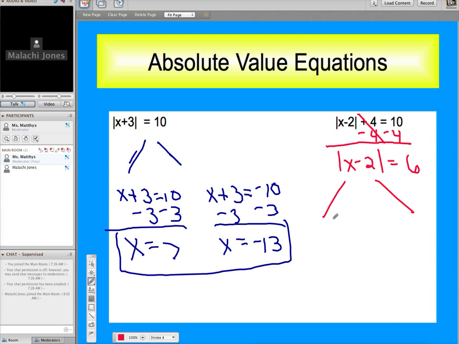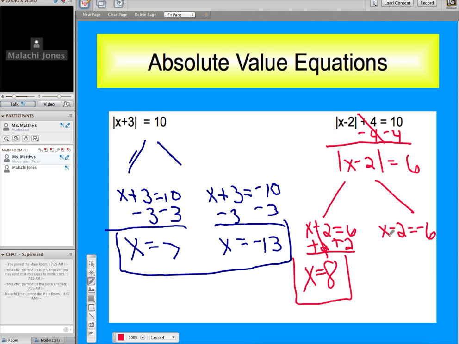Good. All right, what are my 2 equations? X minus 2 equals 6, and x minus 2 equals -6. Let's go back to the first one. How would I solve that one? Add 2 to both sides, and we get x equals 6 plus 2, 8.